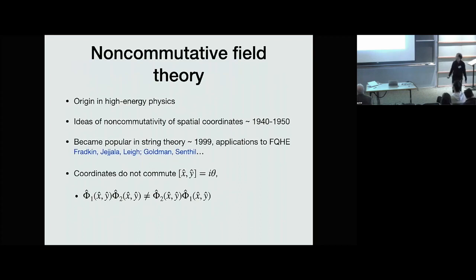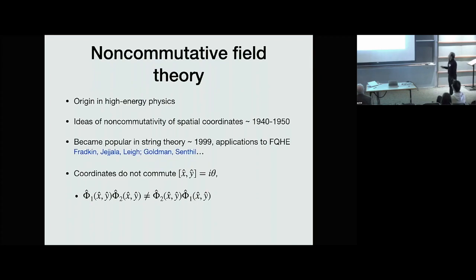Non-commutative field theory has an origin in high energy physics. The idea of non-commutativity of spatial coordinates is very old, but non-commutative field theory became popular in relation with some observations in string theory around 1999.